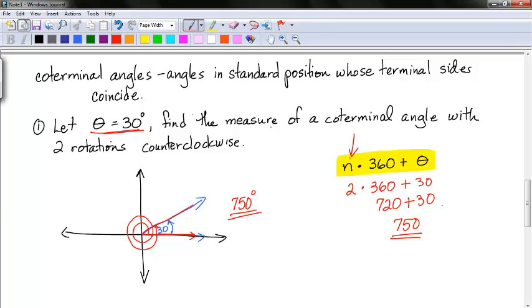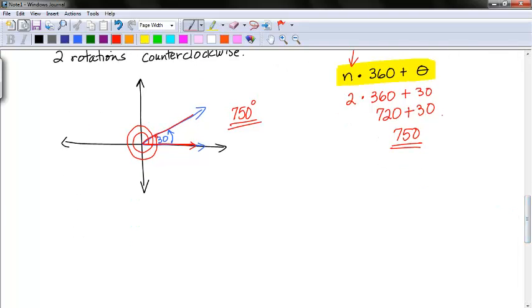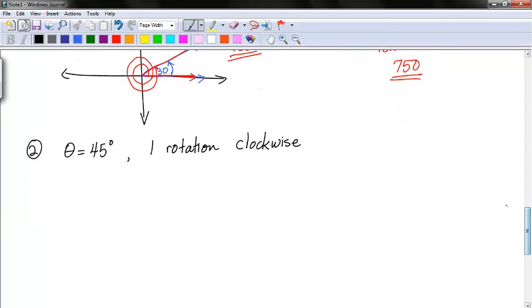Let's do one of those. Same directions, change the angle. Let's say the angle theta that they give you is 45 degrees, and let's go one rotation clockwise.